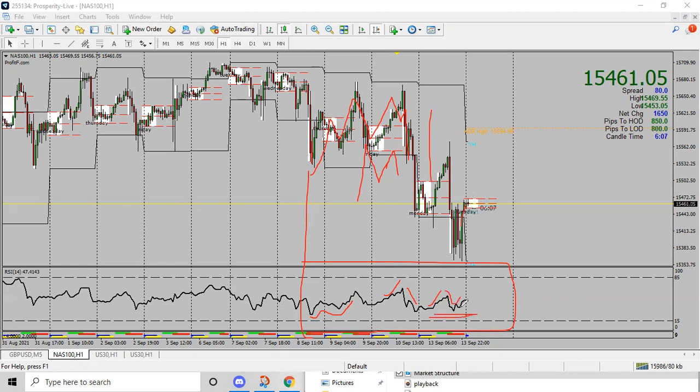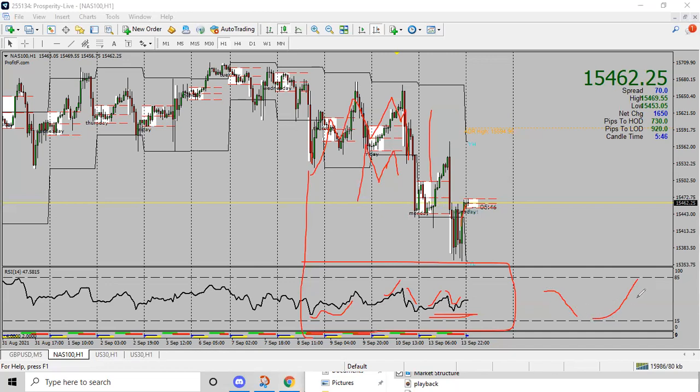Now we're low. So when the market is low around the 15 level, what could you expect? That means that sellers have been in control and sellers are coming down, and now they're losing momentum, and we're starting to expect buyers. That's when we see it coming from low to high.